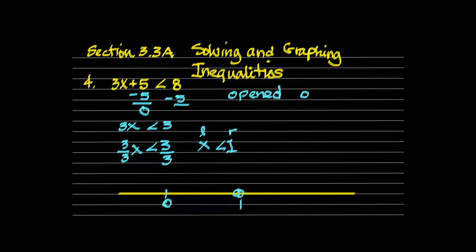So again, remember, anytime the x is on the left-hand side, the number's on the right, you can use your inequality to show you which way to shade. So there's my shading. And there's problem number 4. You can go ahead and ask the substitute to pause the video and finish copying it down if you need to.